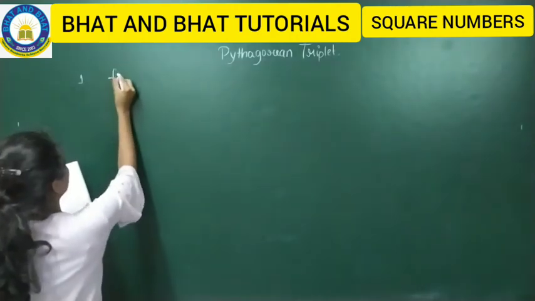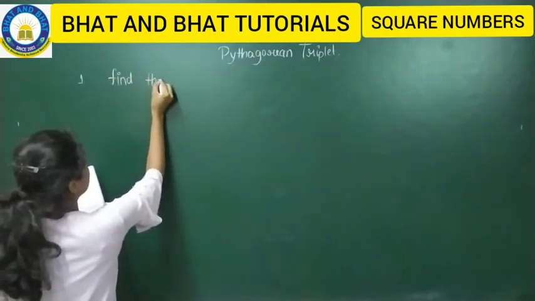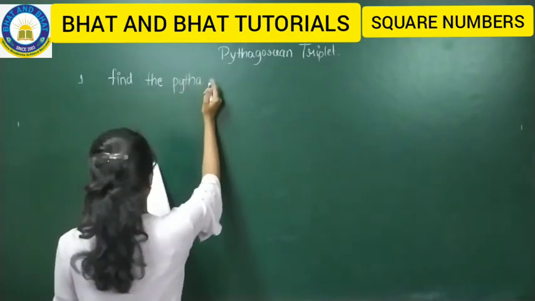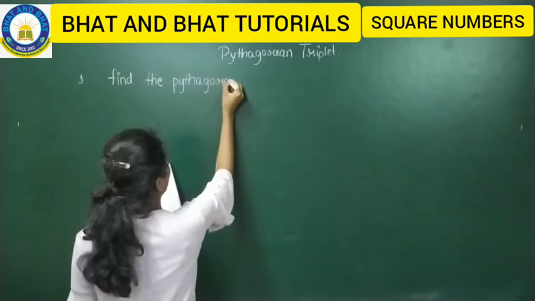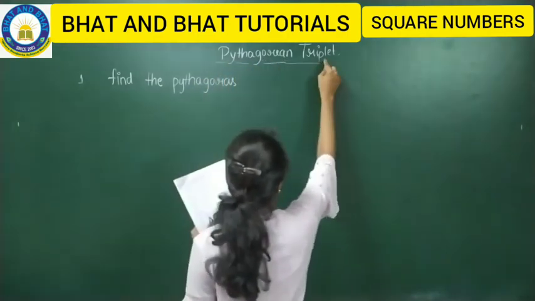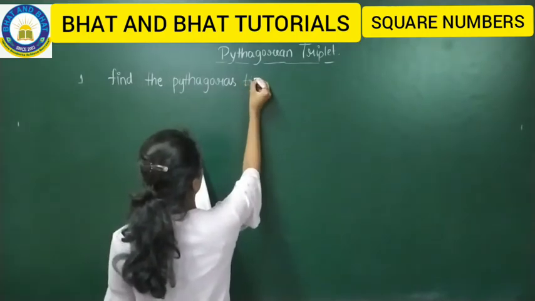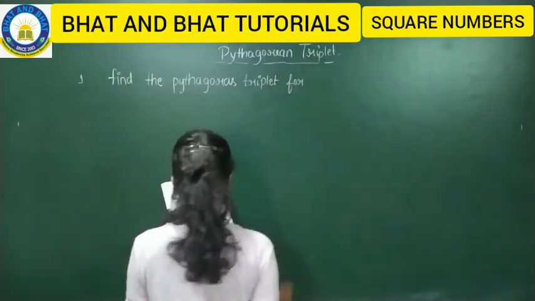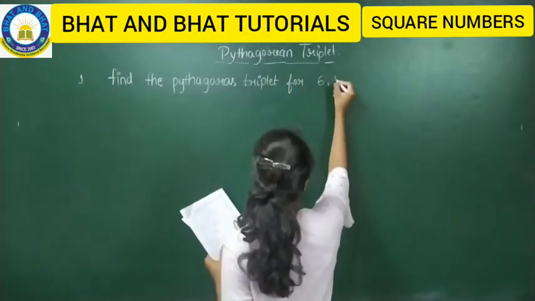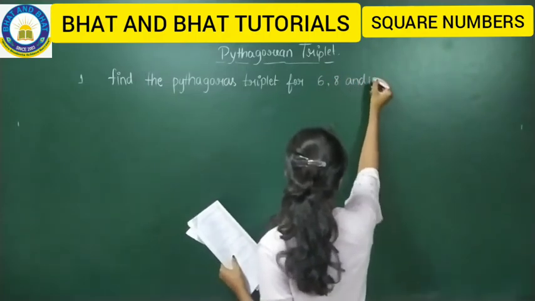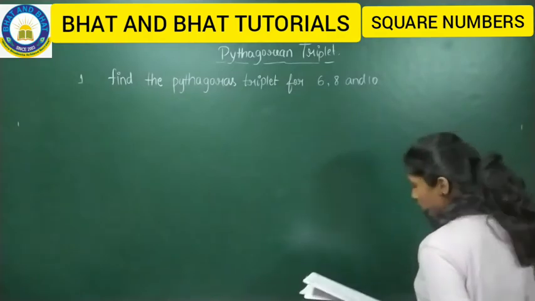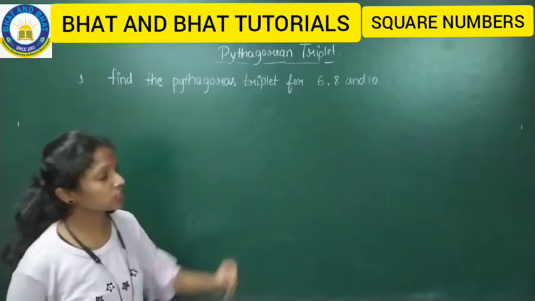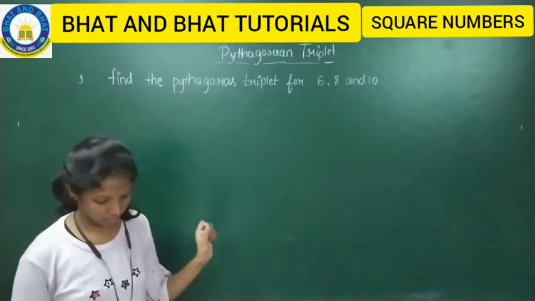Find the Pythagoras triplet for 6, 8 and 10. So this is your question. You have to find the Pythagoras triplet for those three numbers 6, 8 and 10.